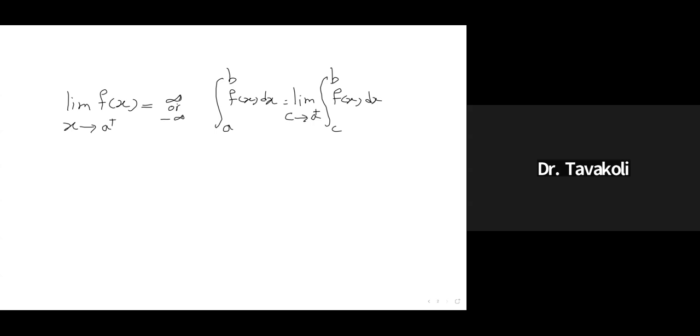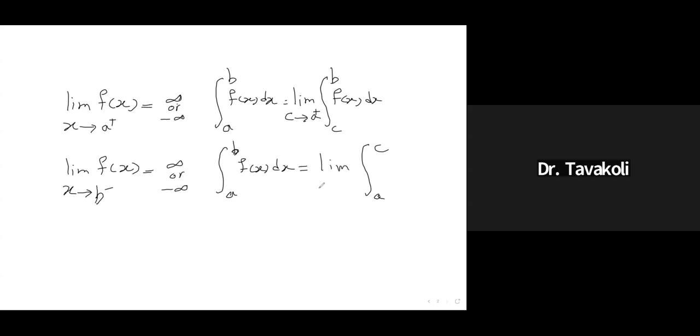In a similar manner, if the limit of the function when x approaches the other limit of the integral, so when x approaches b from the left side, is plus infinity or minus infinity, then to find the integral from a to b of f of x dx, I replace b by a letter c and then let c tend to b from the left side.